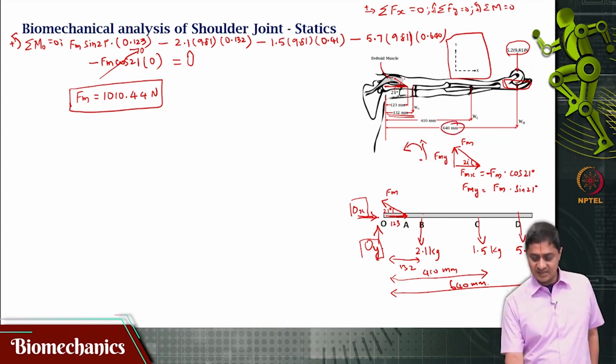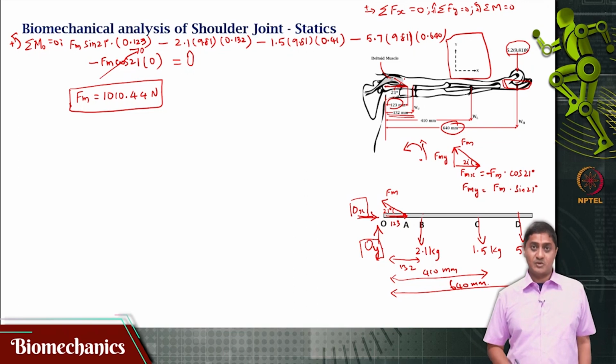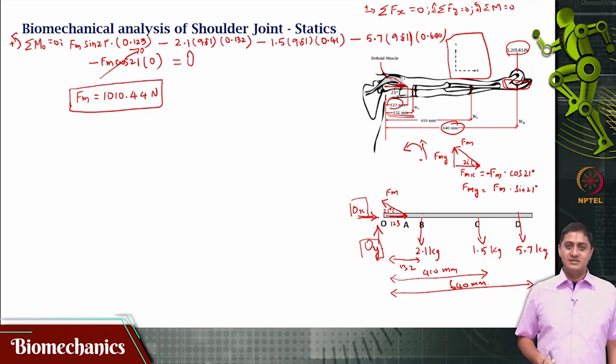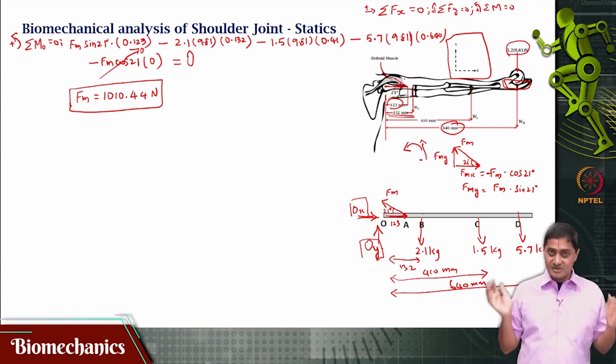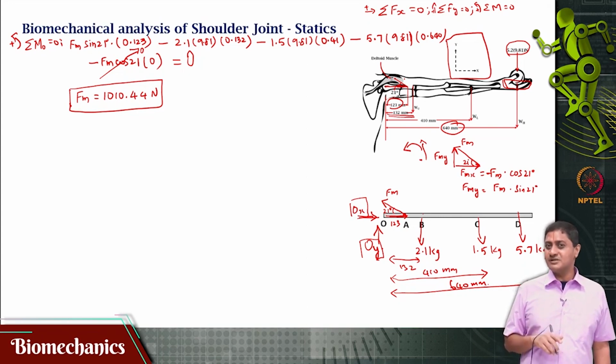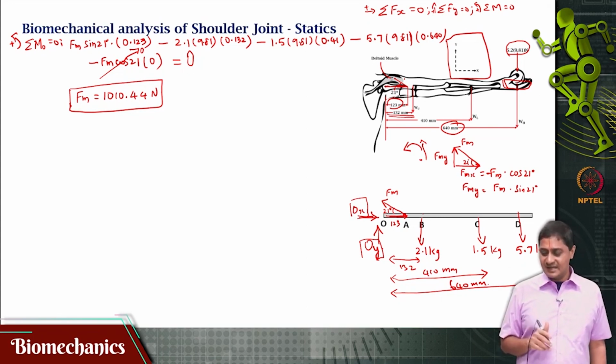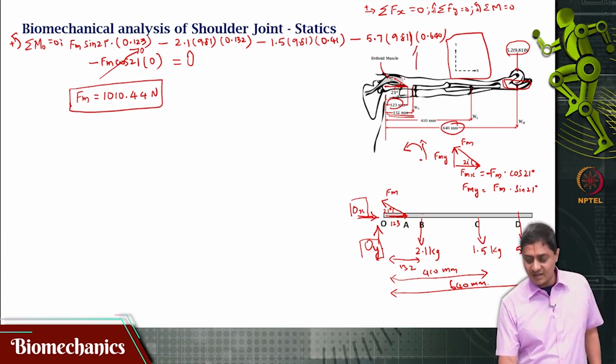The muscle is acting here at 123 mm, whereas the external load is acting at 640 mm, very large. But not just that, only the vertical component can overcome this, and it would be helpful if the muscle were acting entirely along the y axis.